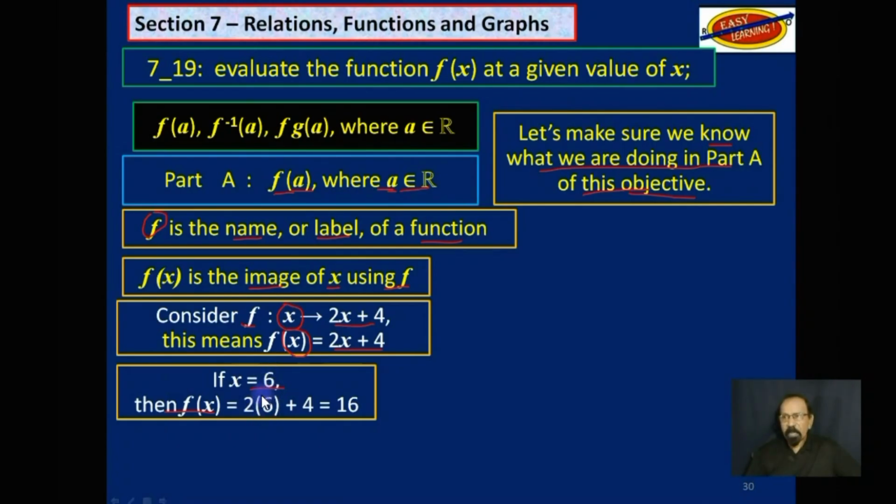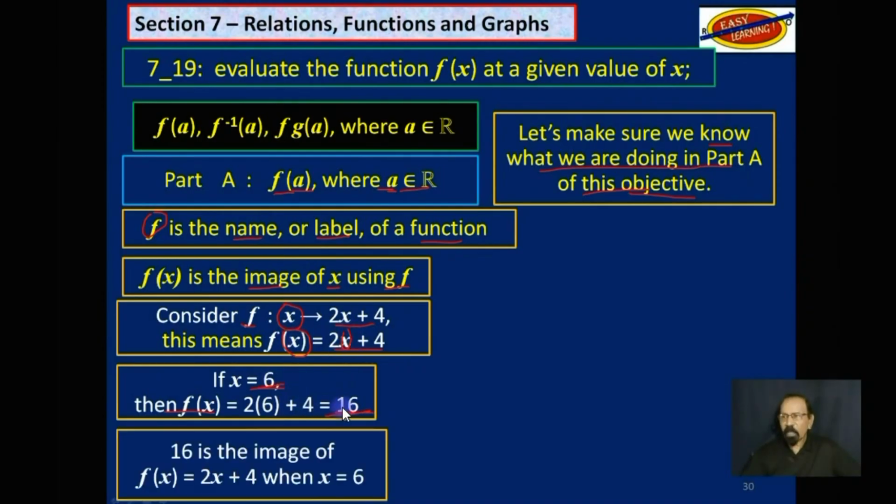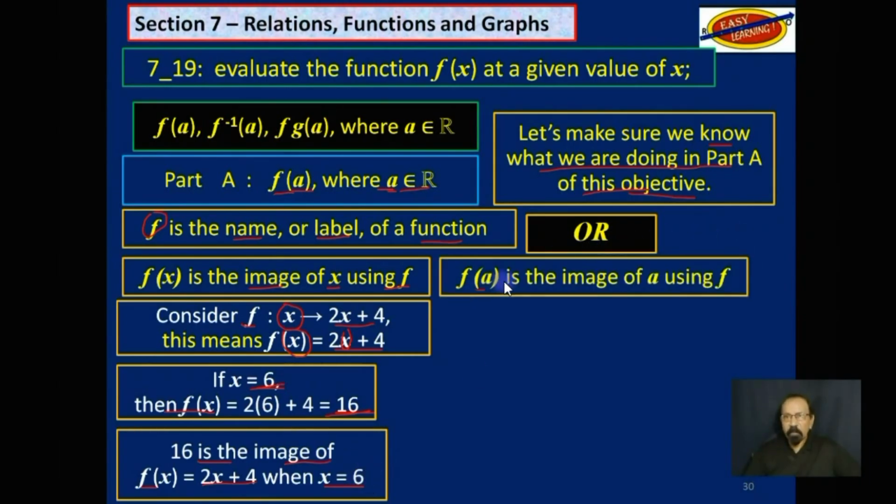We replace that x with 6 and we get 16. That is to say, 16 is the image of f of x, where the image is defined as 2x plus 4 when x is 6. Or f of a, doesn't make a difference.